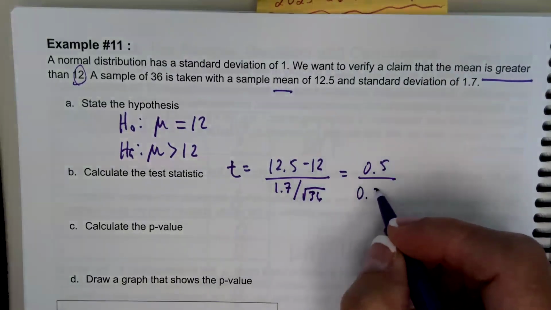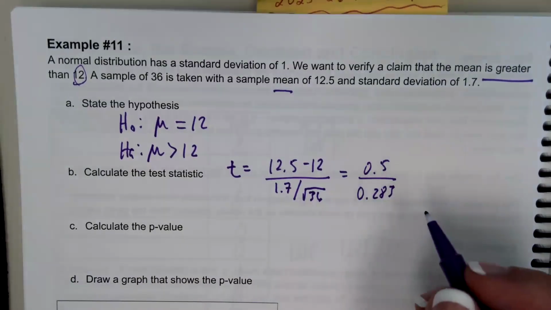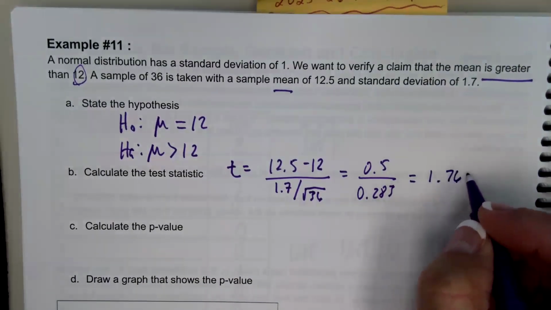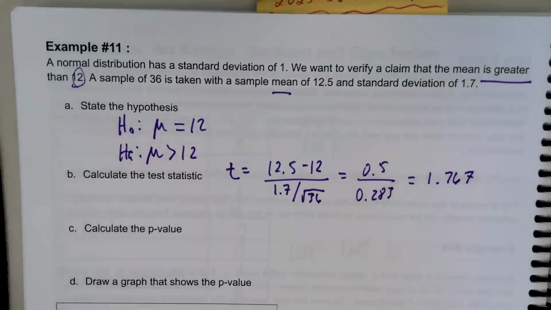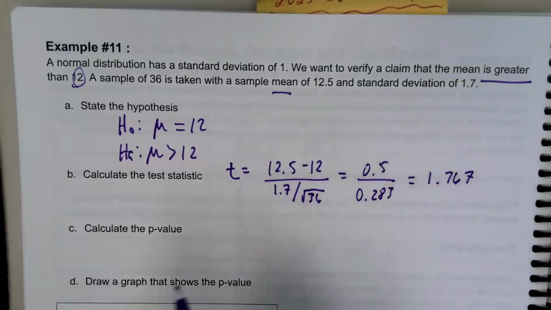This is 0.283. It comes out to be 1.767, or 1.7668. It depends on how many you round to.